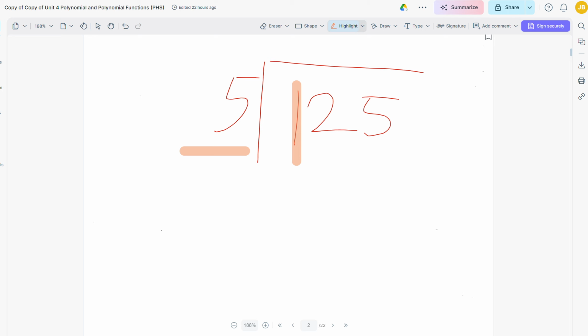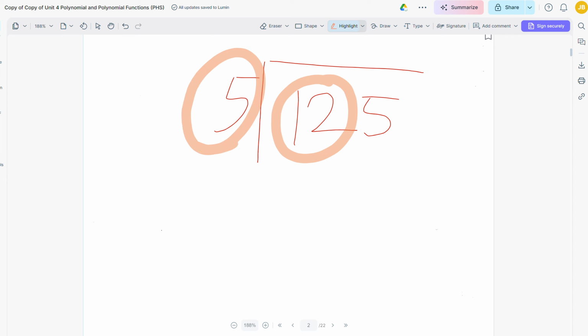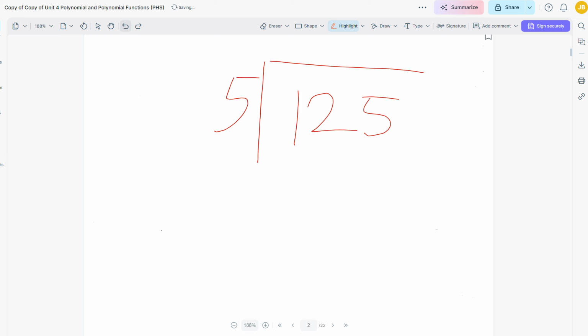So we're going to ignore the 1 by itself, and we're going to look at the first two digits, 12. And we're going to ask ourselves, how many times does 5 go into 12? Basically, what multiplies 5 to get 12, or at least close to 12.